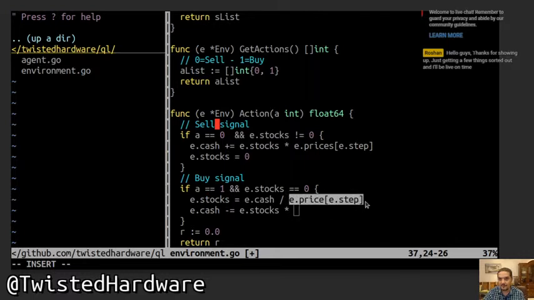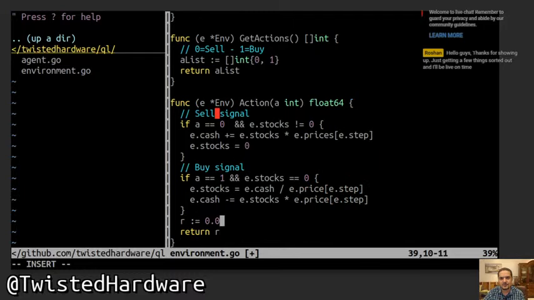So I will deduct from my cash the cash that we used to buy the stocks. And finally, I updated the stocks, I deducted the cash. So what did I do in here? I added stocks and reset my cash. Okay, I guess that's all.